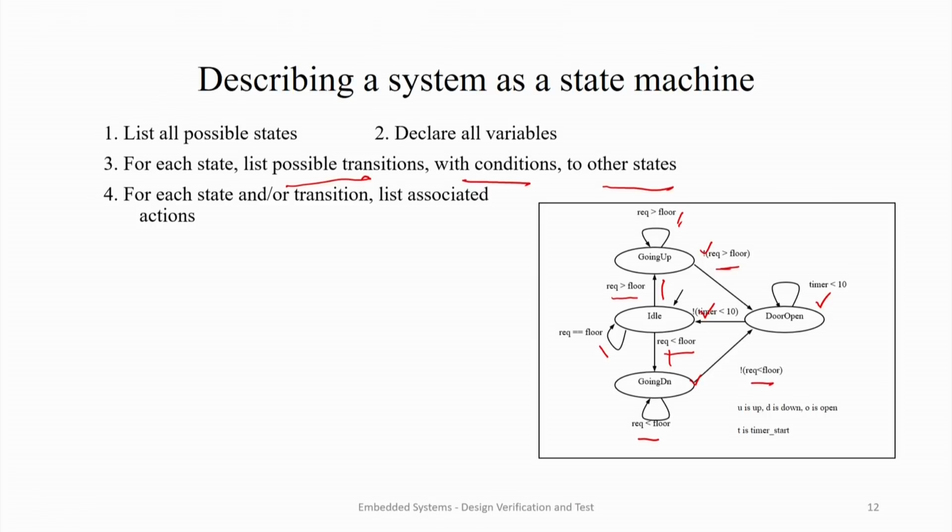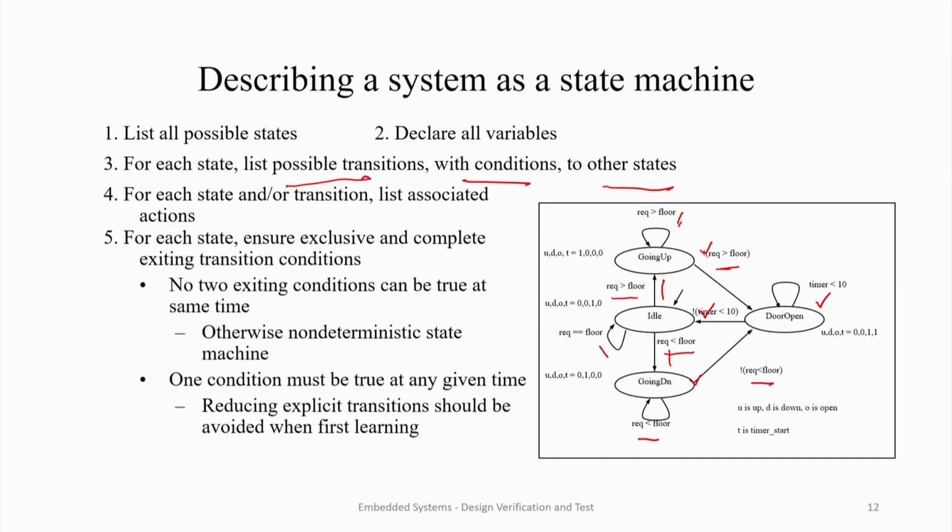Then, for each state or transition, we have to list the associated actions. With each state, the actions are specified for our FSMD through the UDOT outputs. U is the up control action, D is the down control action, O is the door open control action and T is the timer control action.